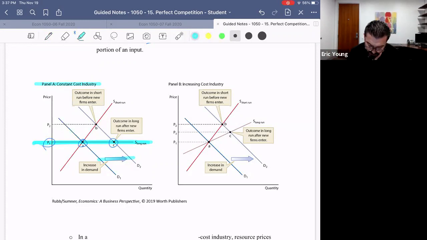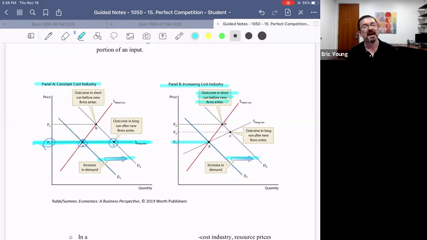On the other hand, here in panel B, we see an increasing cost industry. And here we can see that your original price is here at point A. You're going to get some sort of increase in demand. Something happens that drives up market prices. This is going to bring new firms in. They're going to supply more to capture those profits. But that increased supply, you're going to see the outcome in the short run.